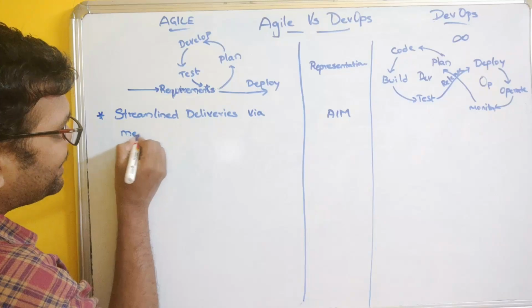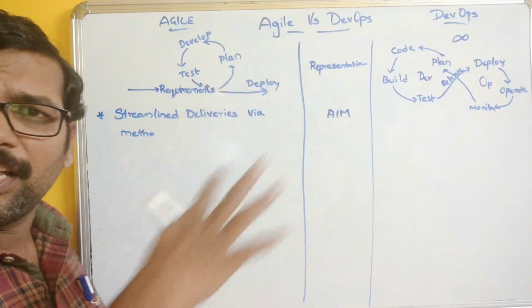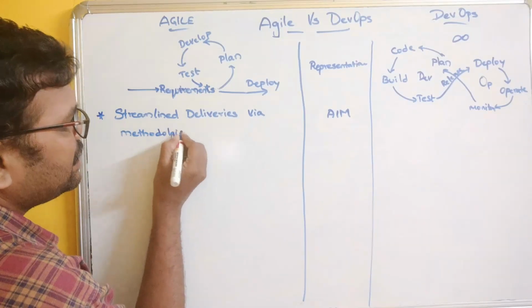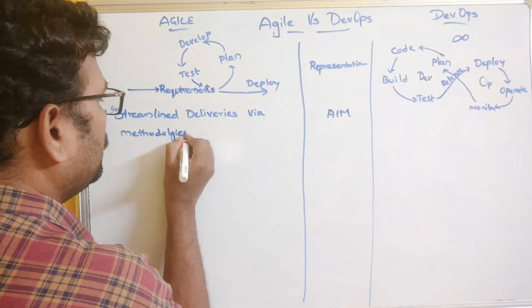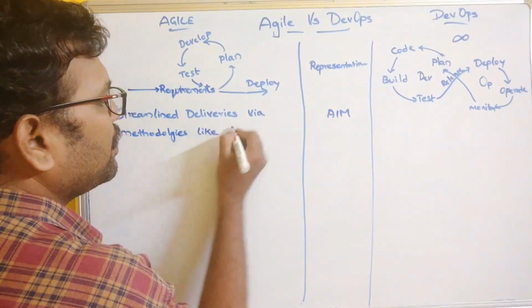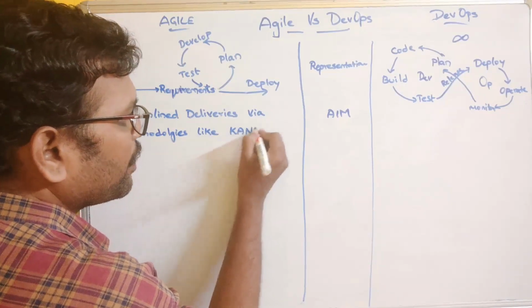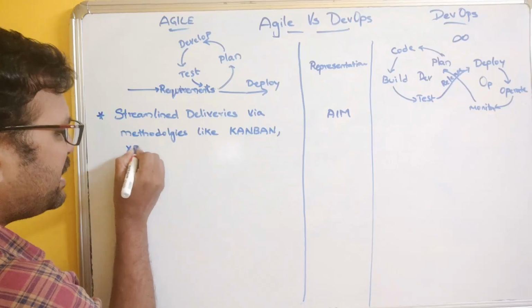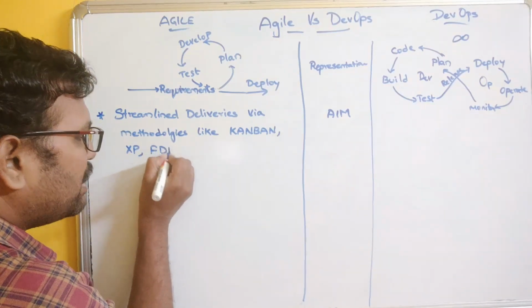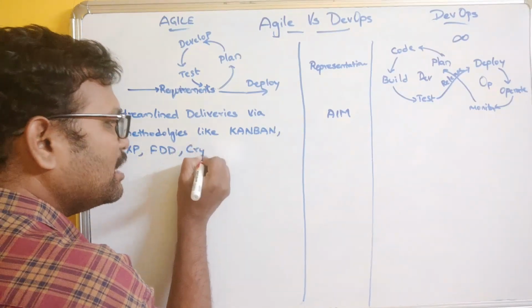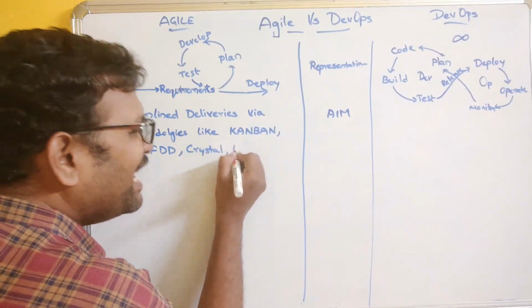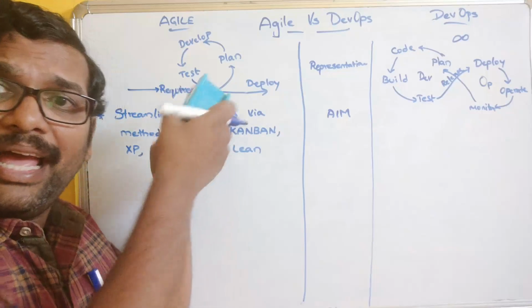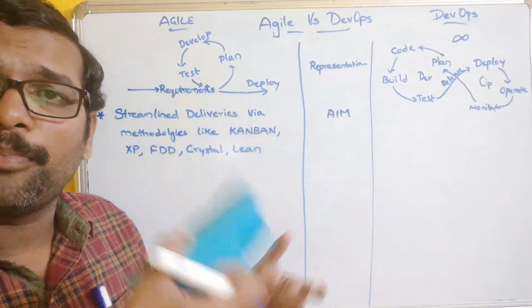streamlined deliveries via methodologies. You will have a lot of methodologies to release the software, right? Methodologies like Kanban, extreme programming, feature-driven development, Crystal, lean development. These are all the different methodologies used in the Agile process to develop the project.